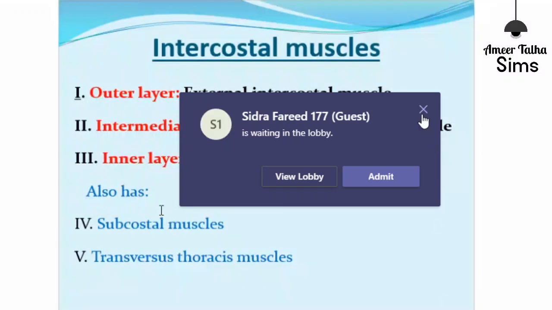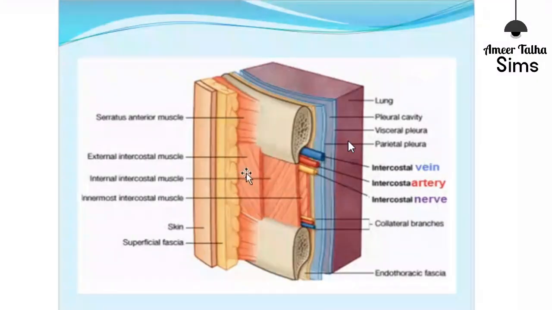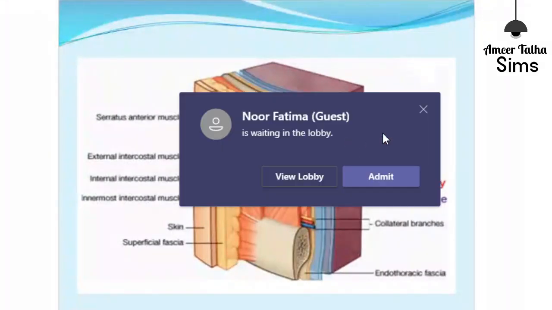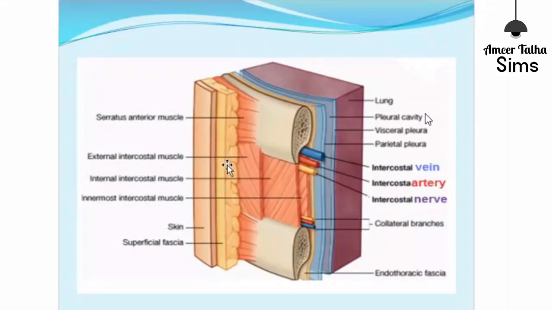Beta, again, this is the diagram showing the arrangement of the intercostal muscles. First layer we have skin, next we have superficial fascia, and then we have muscles. This muscle is external intercostal, the outer layer. In the intermediate layer we have internal intercostal muscles, as you can appreciate. Next we have innermost intercostal muscles, right?